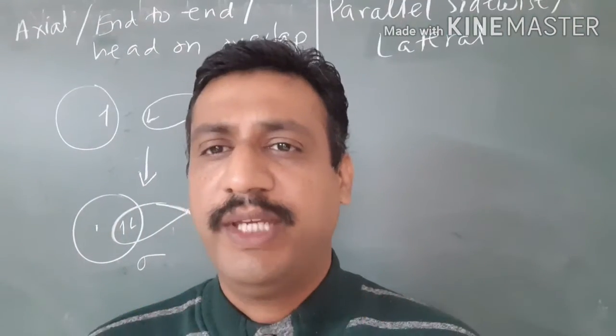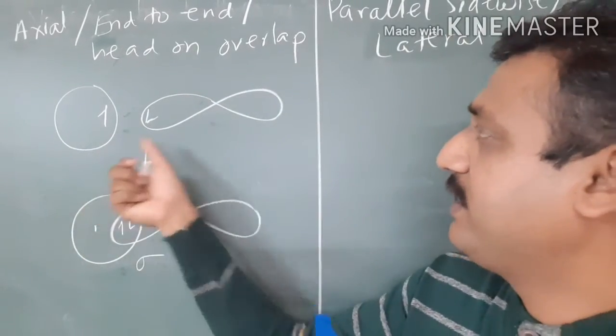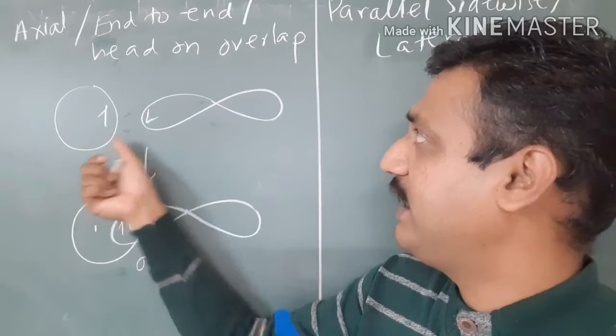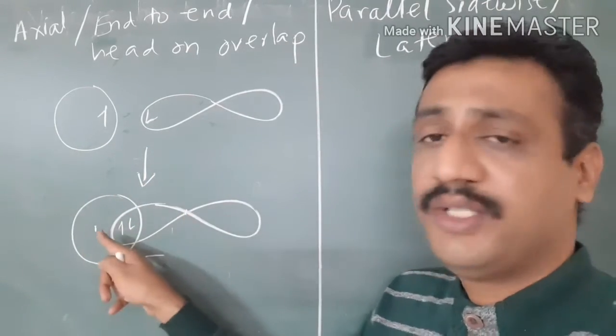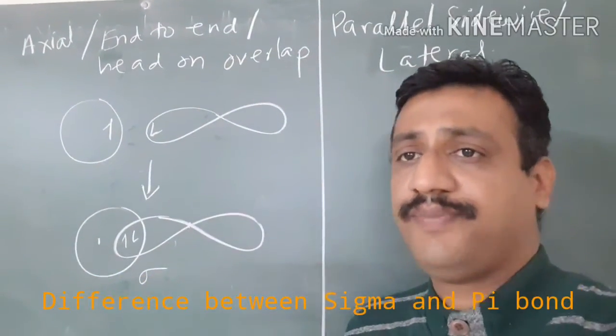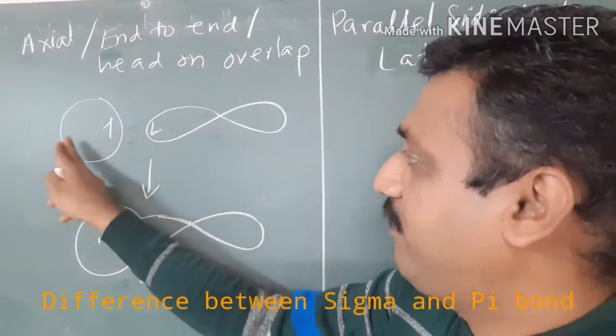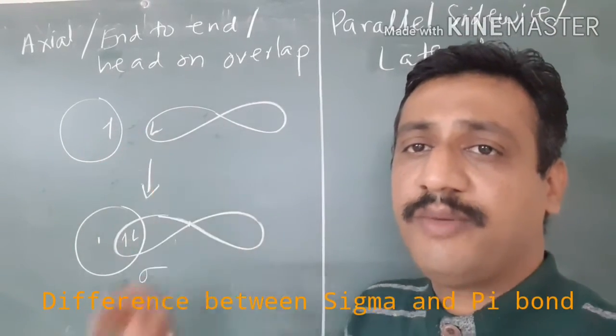We'll continue. The overlapping which is formed axially, we call axial, end to end, or head on overlapping, where both the nuclei and the electrons which overlap are on one axis. It may occur between p orbitals or s orbitals, or sometimes d orbitals may be involved.